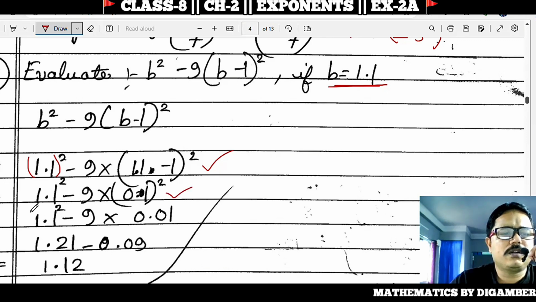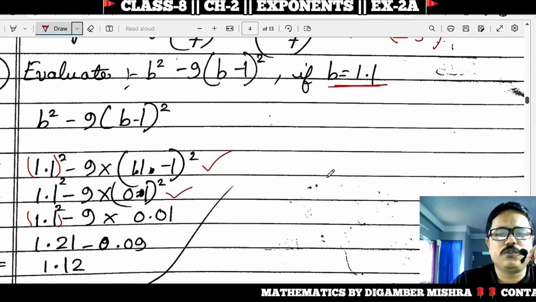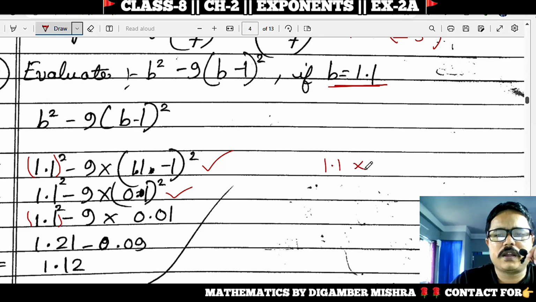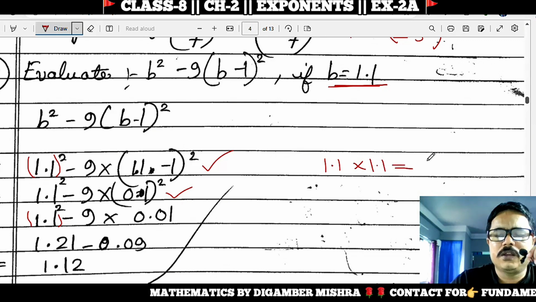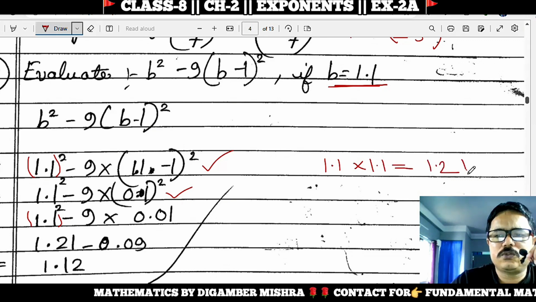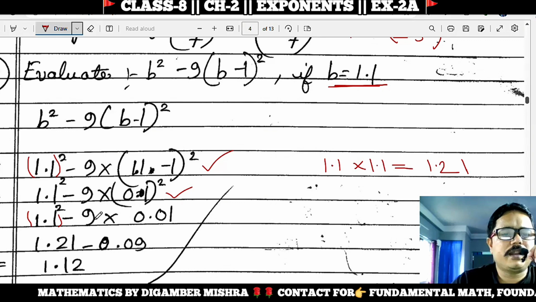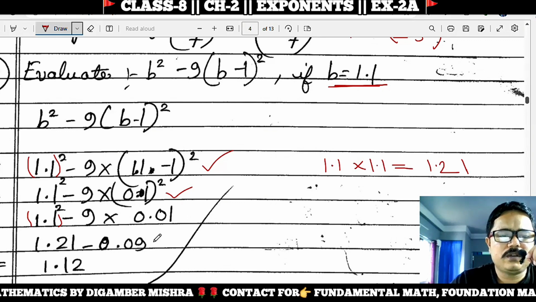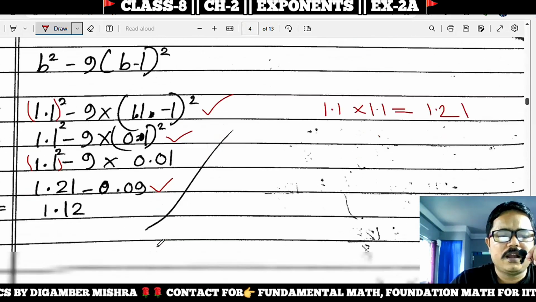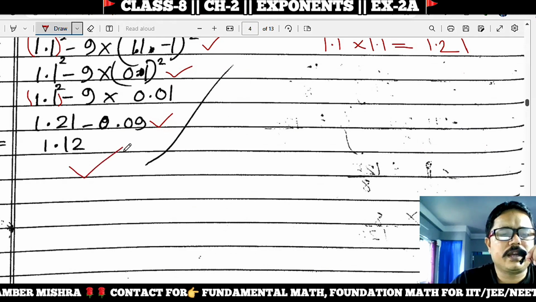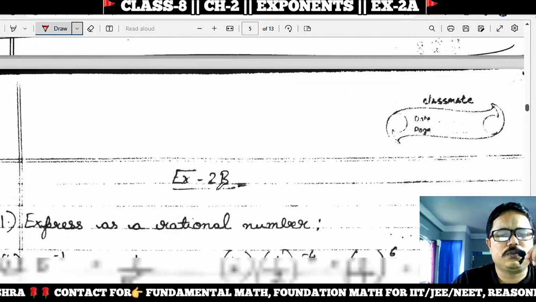So 1.1 whole square is 1.21. If you multiply 1.1 and 1.1, you will get 1.21, and if you multiply 9 and 0.01, you will get 0.09, and if you do the subtraction, you will get 1.12.